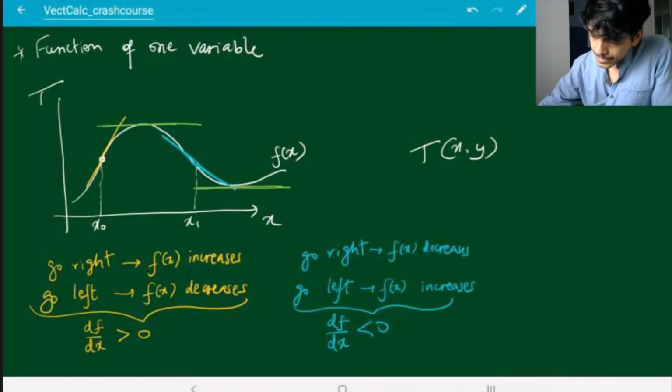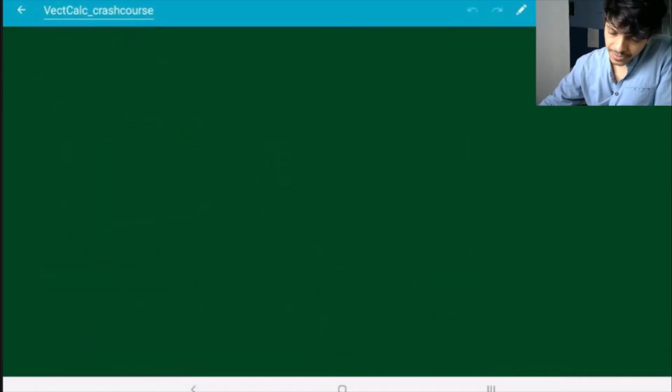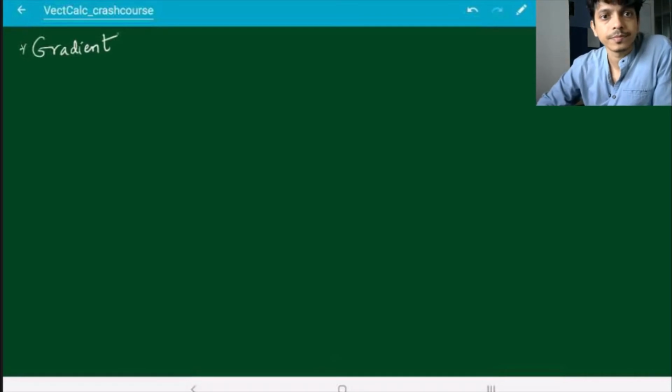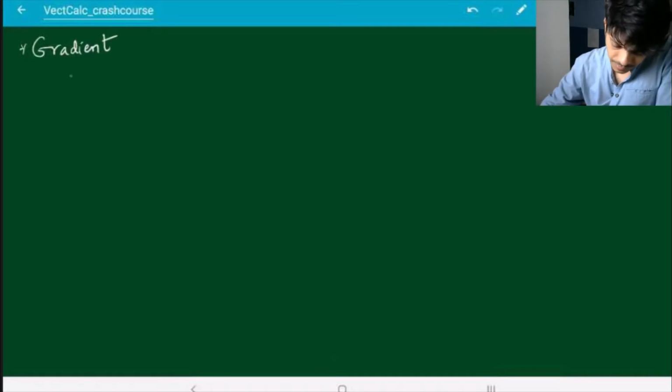What we will do is define an operator called the gradient. And this is denoted by this inverted triangle symbol. This symbol is called del, or sometimes it is also called nabla.